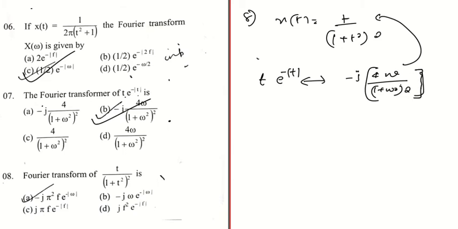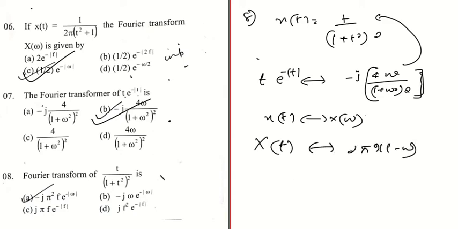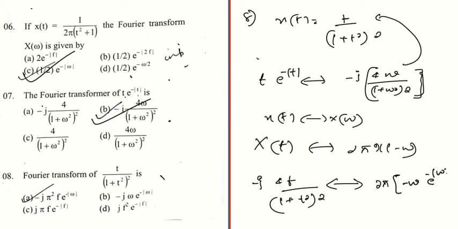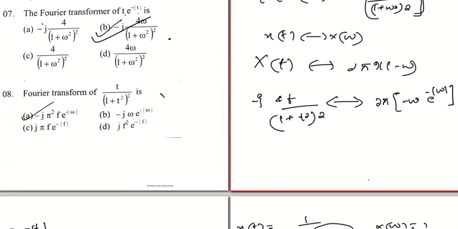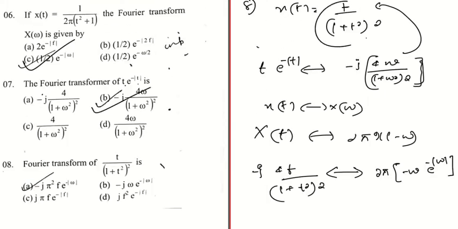So we are just going to do the dual, that is, x of t having Fourier transform x of omega is interchanged and it will look like this. So instead of omega we are going to write it as t, that is, 1 plus t square the whole square, and instead of omega it will be 2 pi into minus omega e raised to minus modulus of omega. Okay, so actually we have to find out this much only, right? So the other things we will take to the other side.